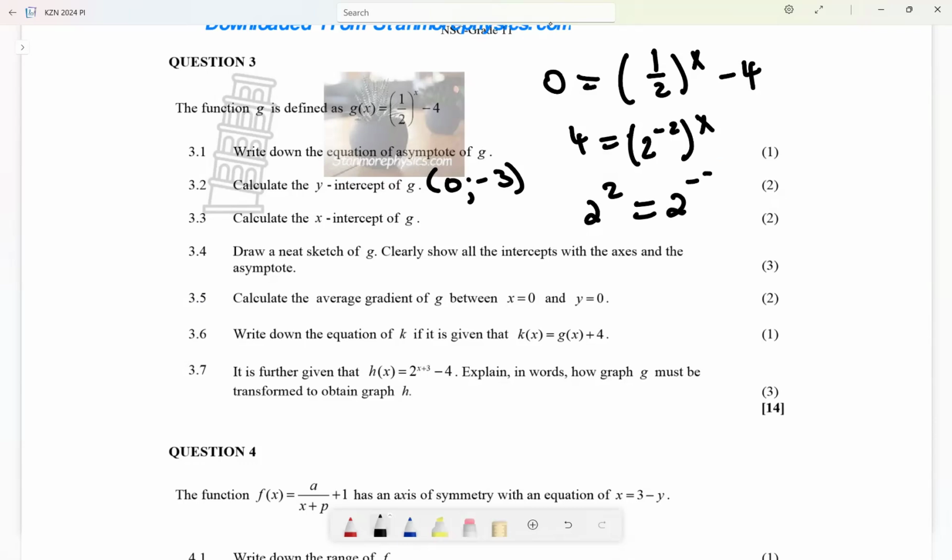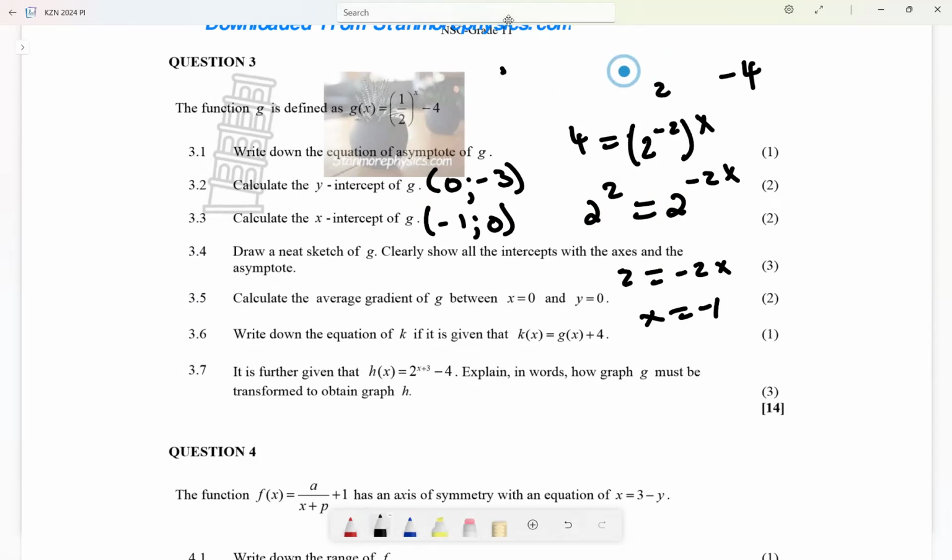Then this is 2 to the power of negative 2x. If we have the same base, we do what? We equate the exponents. 2 is equal to negative 2x, therefore x is equal to negative 1. So if x is equal to negative 1, y was 0.